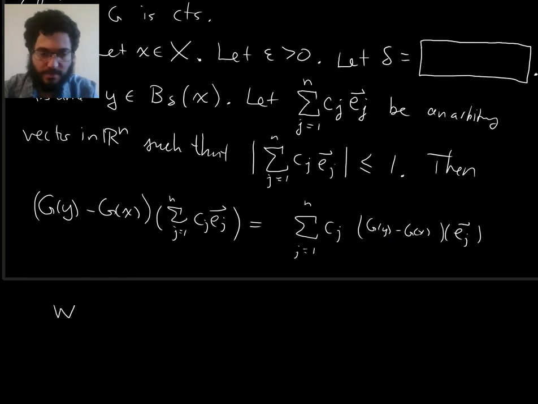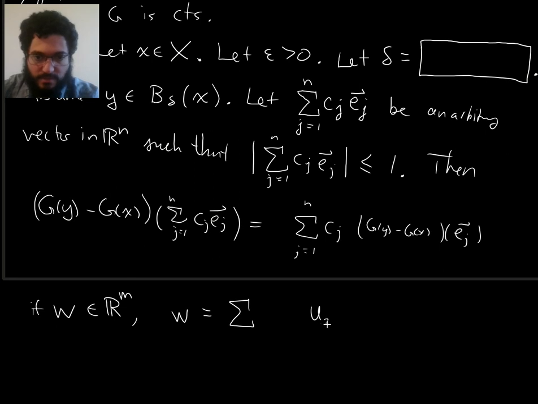So the basic principle I'm going to use is if I have any vector w in Rm, then w can always be written as a sum of its components along the standard basis vectors, with some coefficients here.